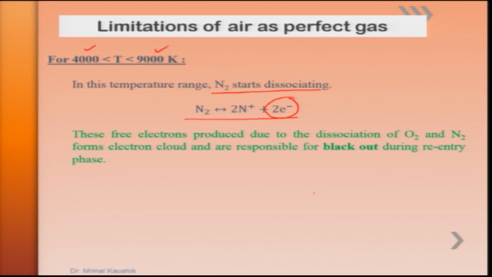Now, you can see this is the space blackout phase. It occurs when the space shuttle enters at very high Mach numbers, something around Mach 28 to 32, on average Mach number 30. When it intrudes into the atmosphere, at approximately an altitude of 65 to 70 kilometers above sea level, the temperature generated in the region at the nose is very high, and this high temperature essentially completely dissociates the nitrogen.